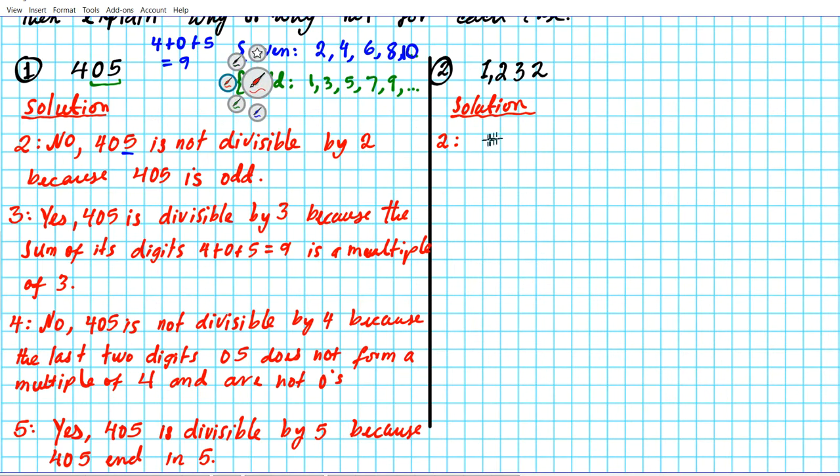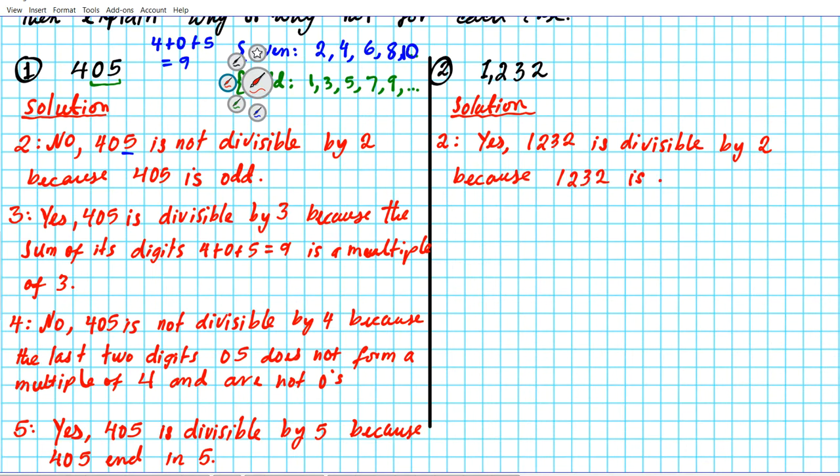And the answer is yes. Why? We need to explain why. 1232 is divisible by 2 because of its parity. Because 1232 is even.